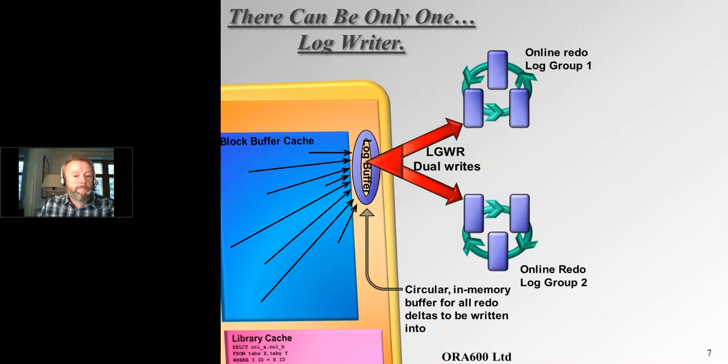It could be accidental. It could be that you've had hardware failure. It could be malicious, actually. But the idea is if there are 2 sets, it protects you against that single point of failure. So the log writer does write out to 2 or 3 sets at the same time. And there's almost no overhead by having multiple sets.